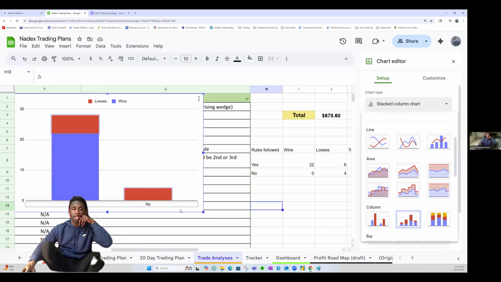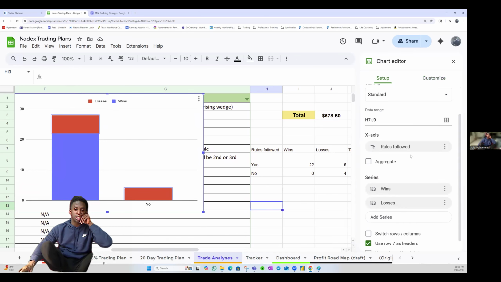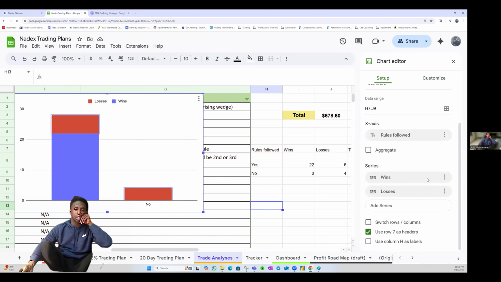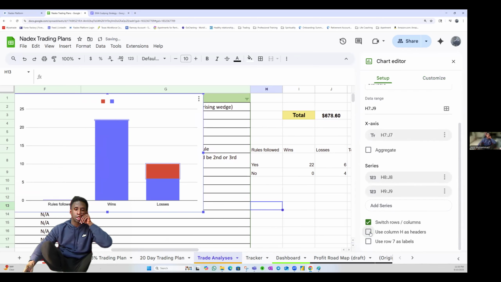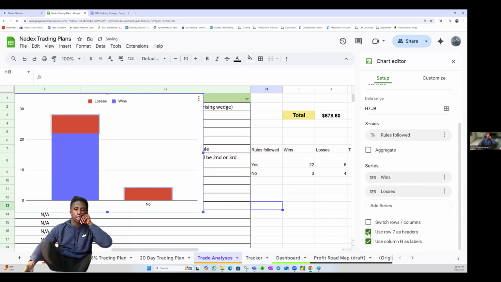X-axis: rules followed, yes or no. Series: wins green, loss red.